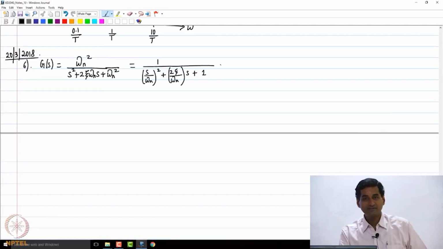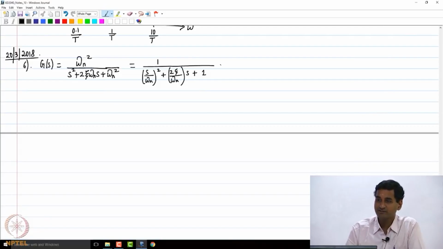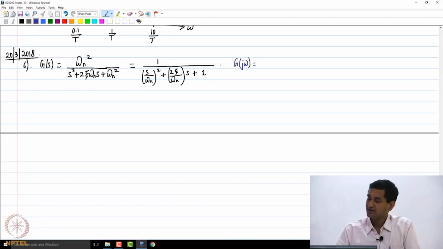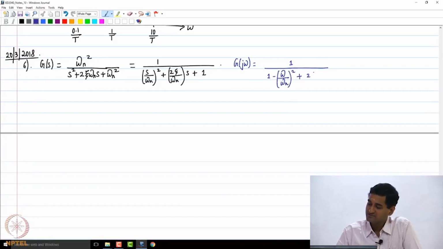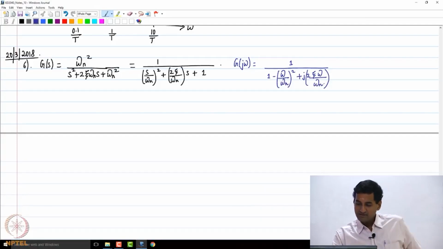Immediately, if I calculate G of j omega, I would get 1 divided by 1 minus omega by omega n whole square plus 2 zeta omega by omega n j, right?